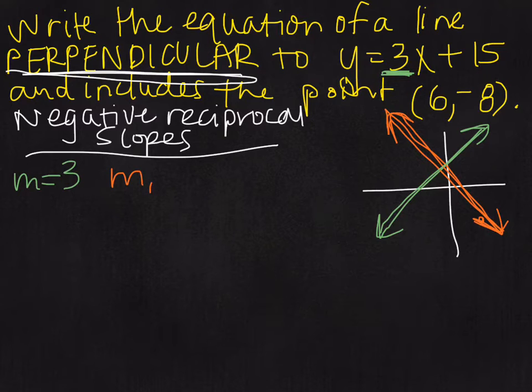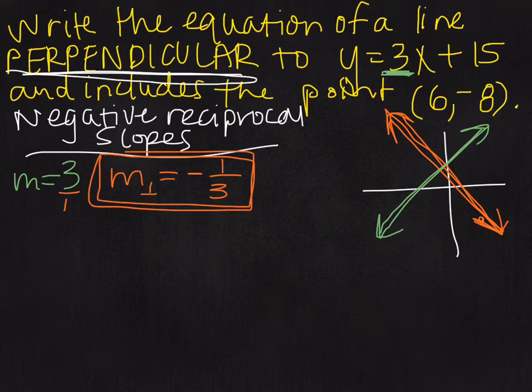So if I want to find the slope of a perpendicular line, it's going to be a different sign, so it's going to be negative, and then 3 over 1 is the same thing as 1 over 3 when I reciprocate it. So our negative reciprocal slope of 3 is negative 1/3. So this is going to be the slope of this perpendicular line here.